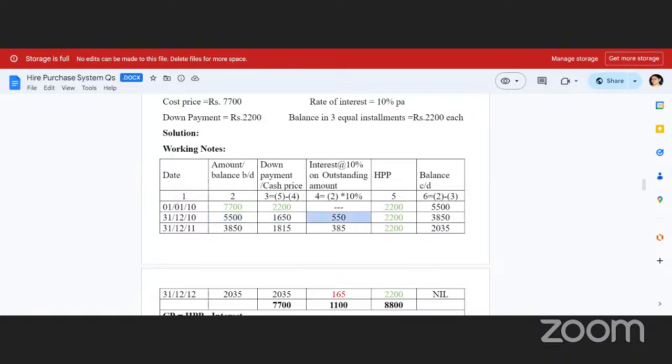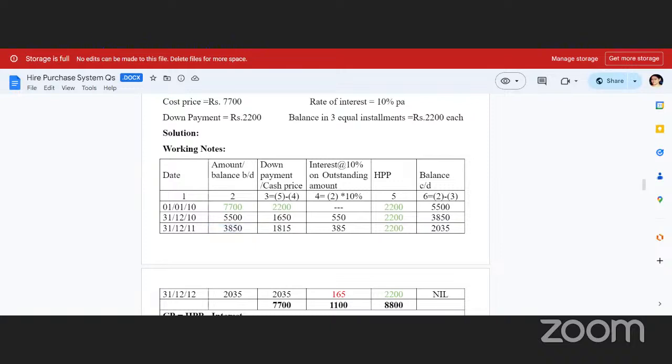Your 550 is interest, so you exclude the interest. So from the loan balance of 5,500 minus the principal amount you paid, 1,650, by the year ending the principal you are supposed to pay is 3,850. So by the second year, the principal amount you still owe the vendor is 3,850.